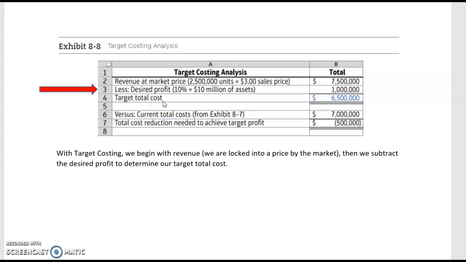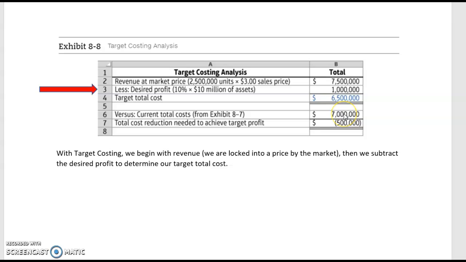Less a desired profit, 10% times 10 million in assets. Make sure this sinks in. I've seen lots of exams where this just falls out of people's head. That is $1 million, so my target cost would be my revenue less the desired profit, or $6.5 million.